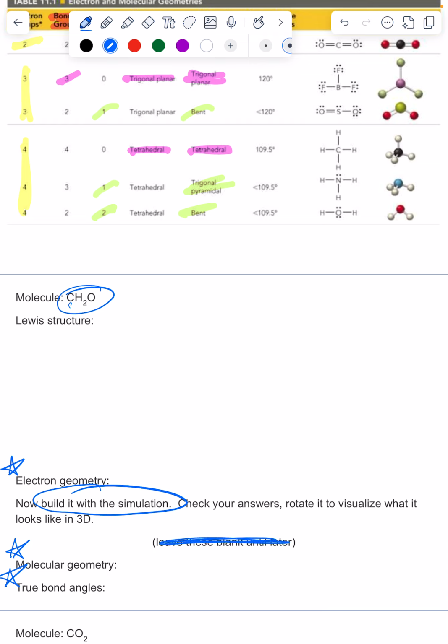Don't leave these blank until later. You guys are totally ready to do this. Okay? All right, so go ahead and pause the video now. I'm going to finish it off. Obviously, when you unpause, you'll see me working through the example. So if you're struggling, you can just sit there and watch me work through it. But it's always better for you to try to practice it on your own first.